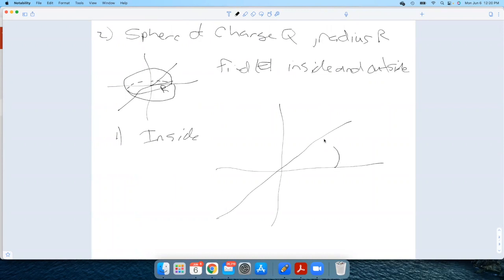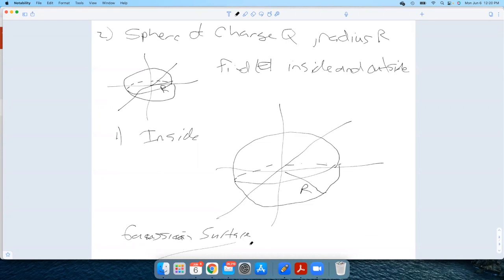Here's my charge. That's radius R, capital R. I'm going to draw a Gaussian surface that lives inside there. So it's going to be a sphere of radius r that lives inside here. So little r, which is my variable.